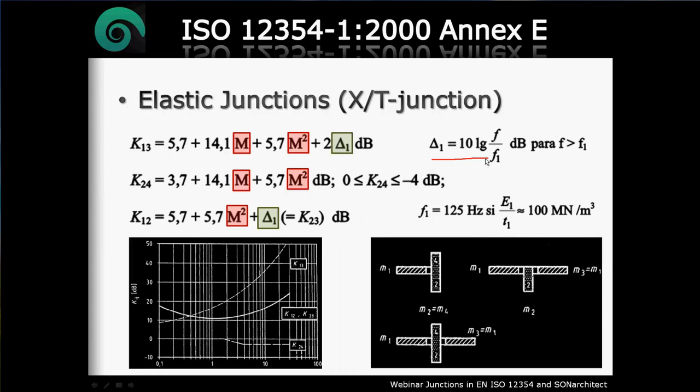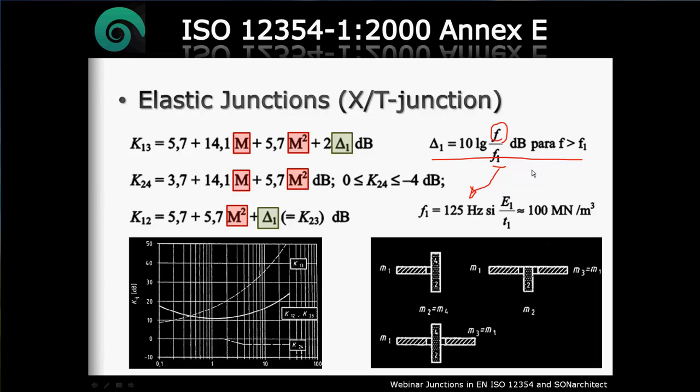Whilst before, for the rigid junctions, we found that the Kj will not depend on frequency. They are assumed to be constant for the whole frequency range. For these elastic junctions, we will find that the vibration reduction index will increase with frequency, because this one is the frequency and this one is, let's say, a reference frequency, which is 125 hertz.